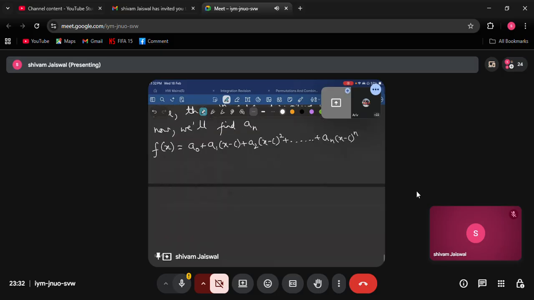Okay, everyone. Now my task is to find out a n. So what is f dash x? F dash x will be equal to a1 plus 2a2 into x minus c plus 3a3 into x minus c whole squared.